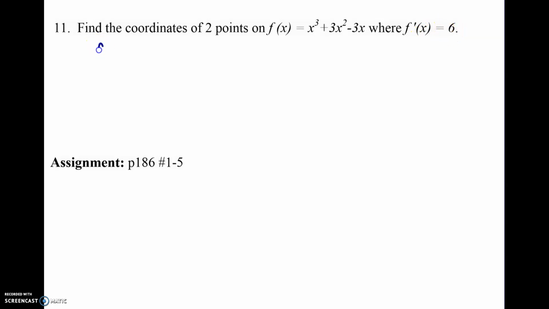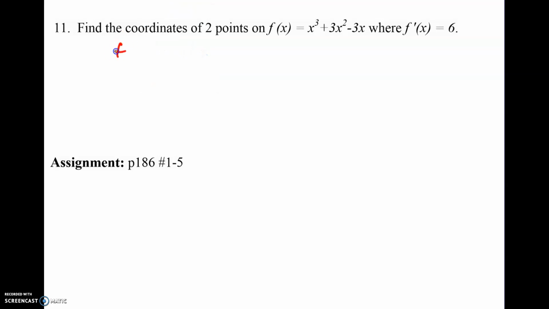So let's see what the derivative is of this function. 3x to the power of 2 plus, you must be getting good at this by now, 6x to the power of 1. Oh, it's disappearing too fast. Let's go to regular pen. We'll just do it in red.